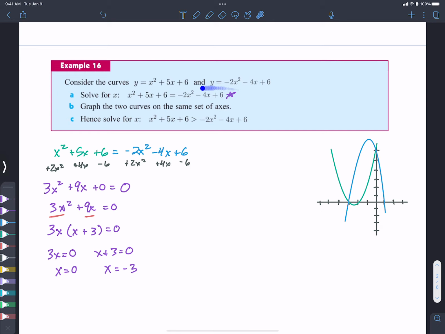So when we've solved for x, it looks like these things cross at x equals 0 and x equals -3. So here's x equals 0, here's x equals -3. When x is 0, when x is -3.